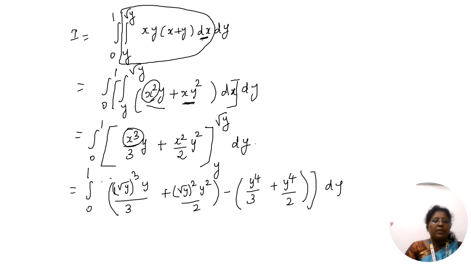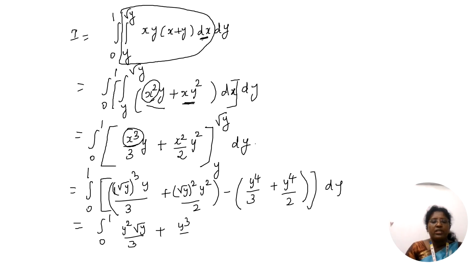So now we'll simplify the terms. So this becomes integral 0 to 1. Root y the whole cube is y into root y. Root y square is y. So y into root y, but already there is one y, so y square into root y, divided by 3, plus root y the whole square is y. y into y square is y cube.